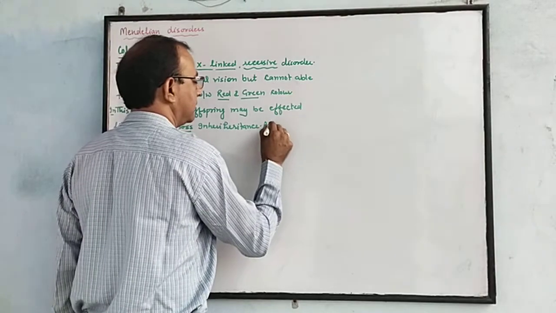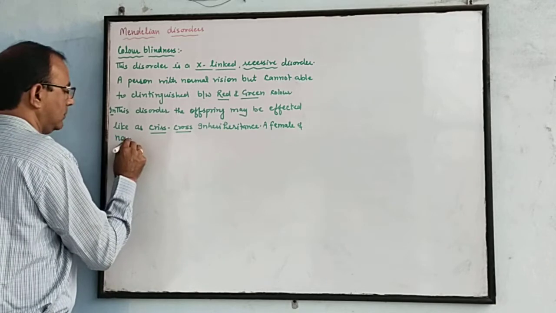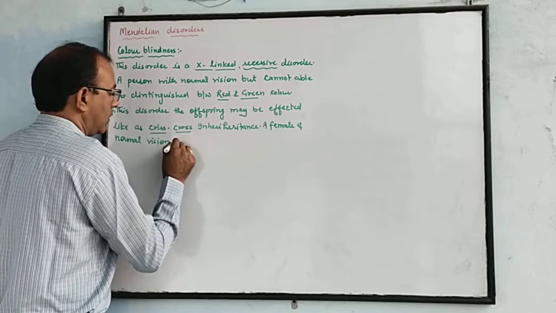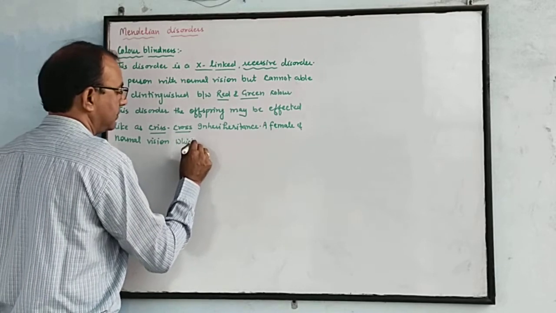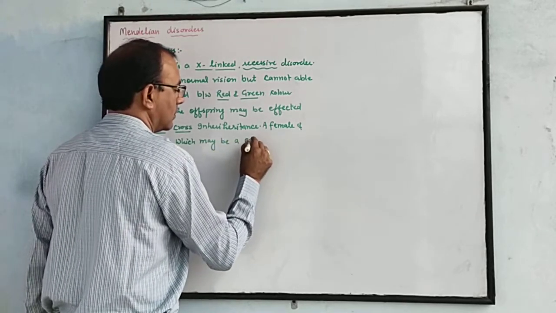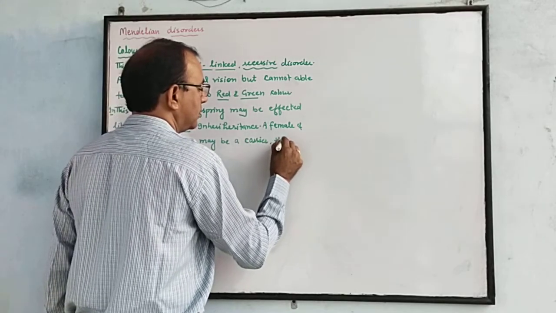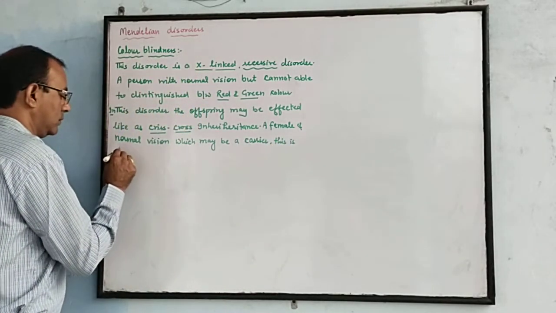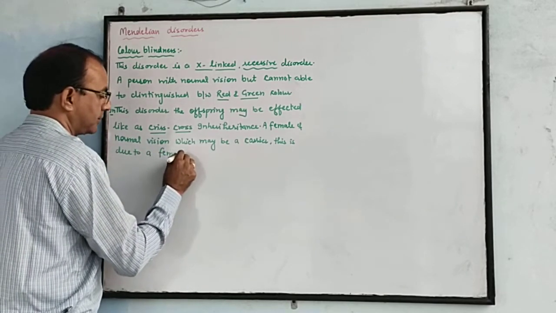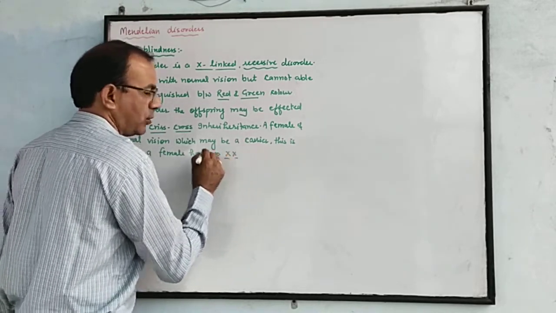A female of normal vision may be a carrier because a female has two XX chromosomes.